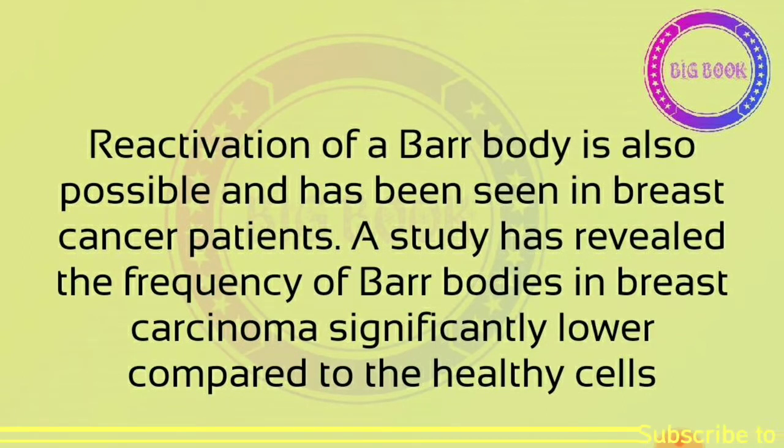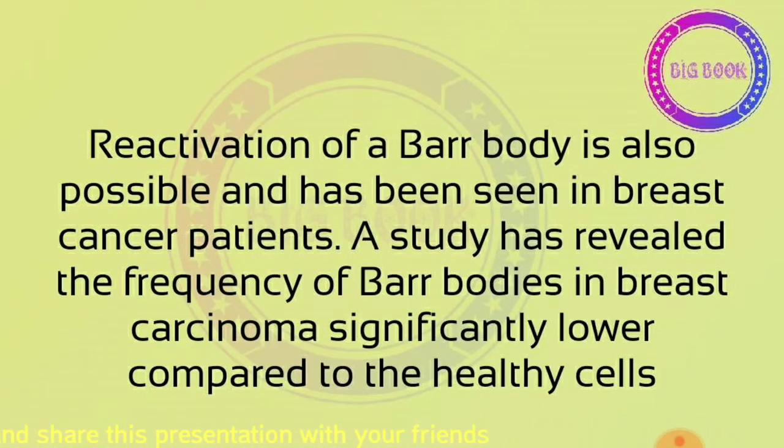Reactivation of the Barr body is also possible and has been seen in breast cancer patients. A study has revealed that the frequency of Barr bodies in breast carcinoma is significantly lower compared to healthy cells.